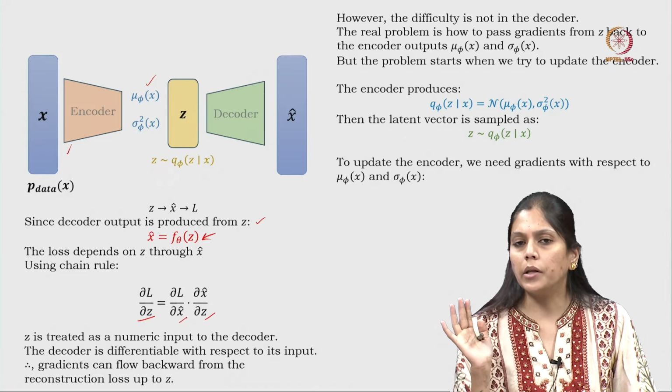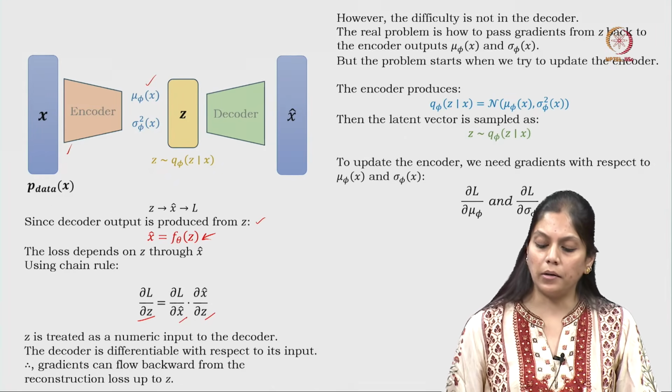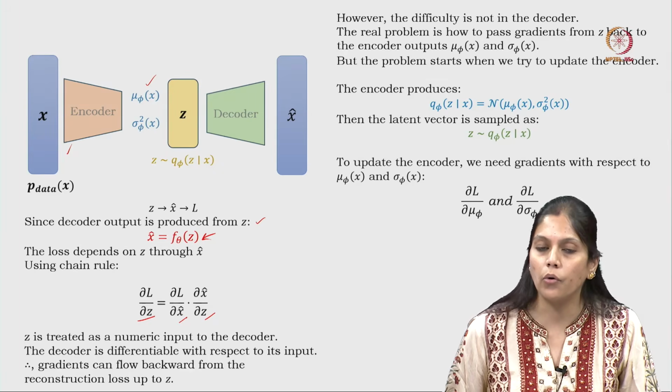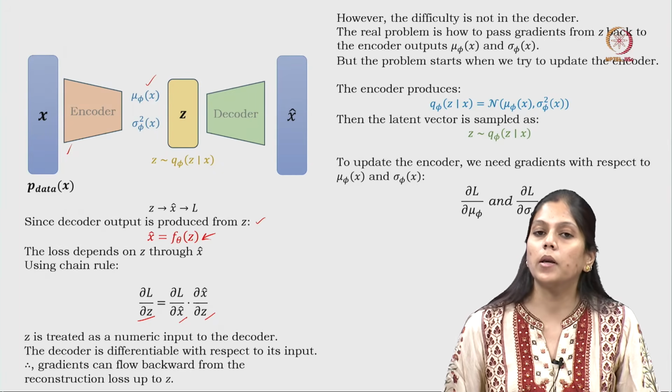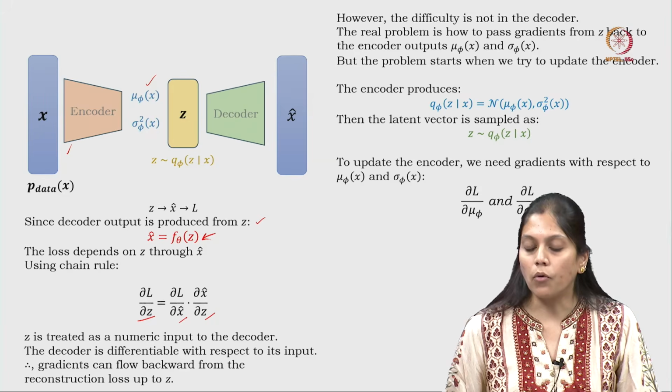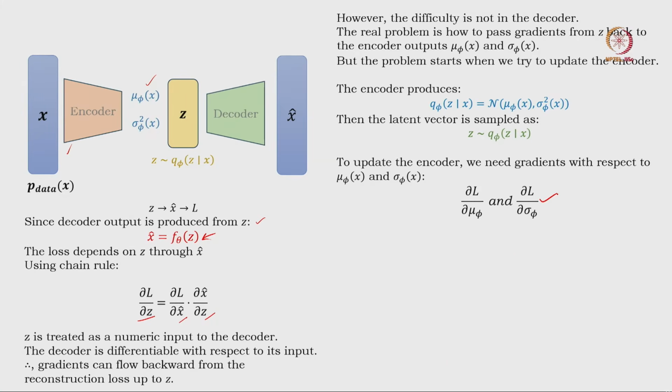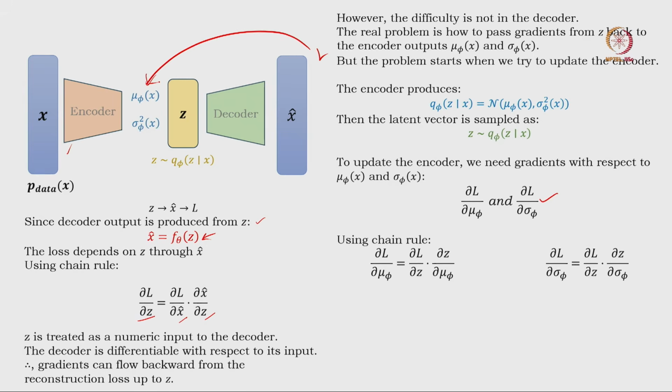So using the chain rule, can we write this? Now you want to compute the derivative of loss with respect to mean and the derivative of loss with respect to the standard deviation. So now we need these two. Using the chain rule, can we write it in this way? How do we reach from loss to this point during backpropagation?